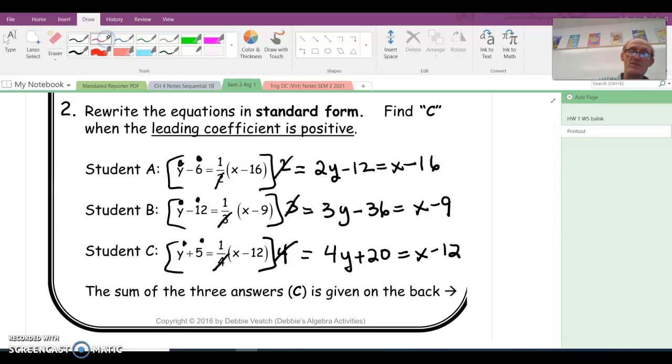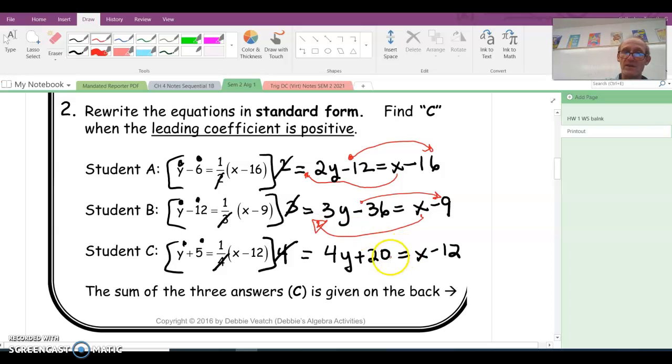And in all of these, you need to move the number over here and the 1x over here.